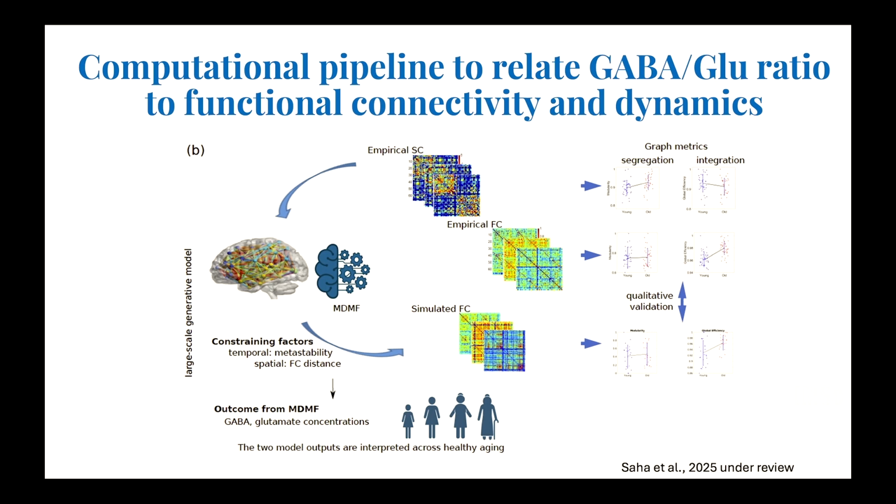So, if we can, then the simulated data or simulated functional connectivity from the models can be fitted with the experimental functional connectivity, and we can predict the same kind of principles of segregation and integration which Arpan was talking about in the previous talk between brain areas, and quantify that, and we can look at the qualitative differences between the predictions based on the metastability that is generated by this model.